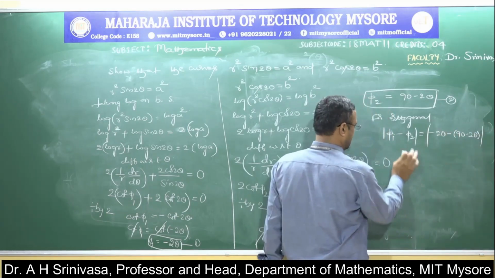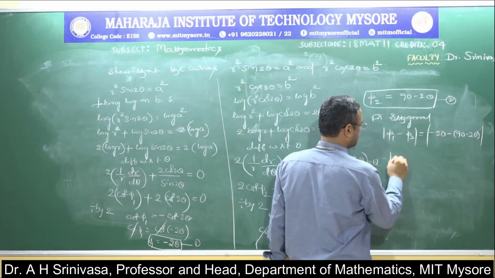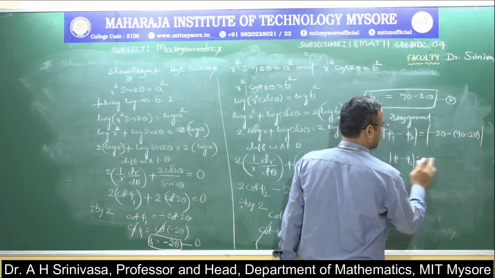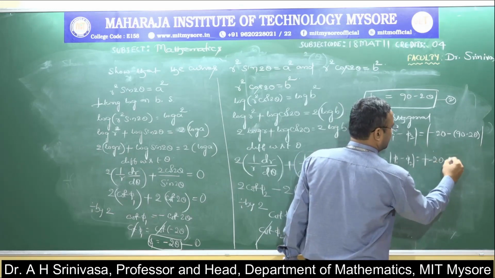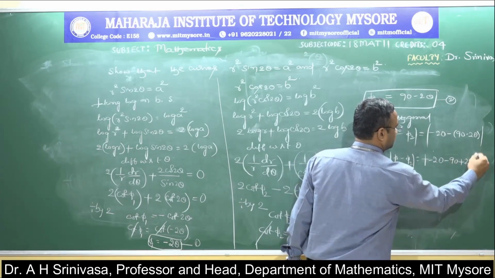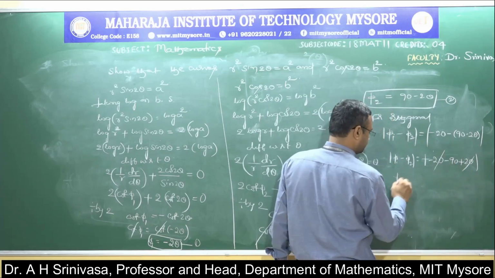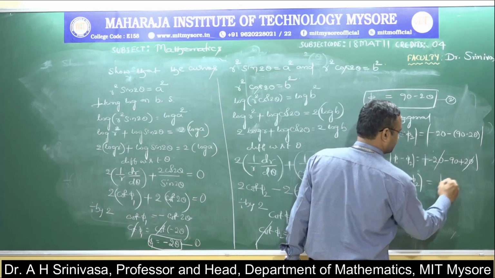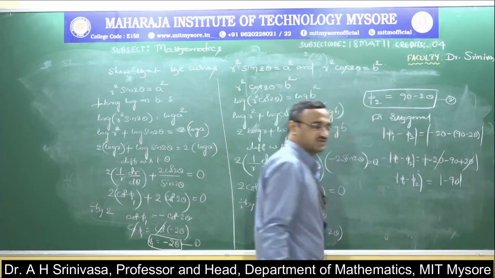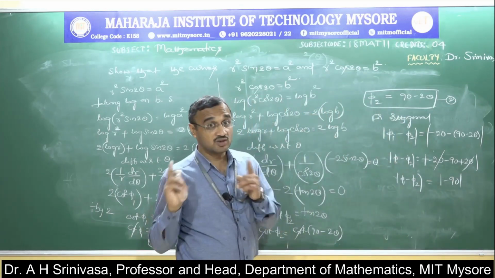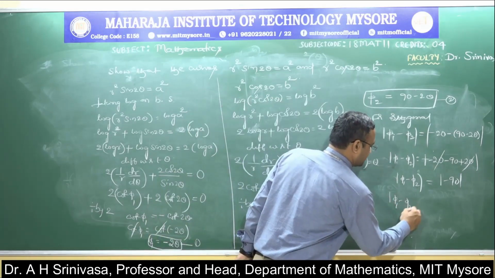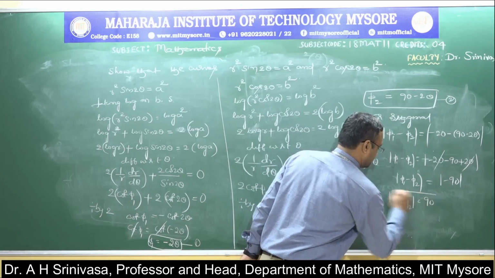Should have to take the absolute value. Minus 2 theta minus 90 plus 2 theta. Now cancellation of these two. Now you get minus 90. We are considering only the absolute value, then easily you can write down phi 1 minus phi 2 is also 90.